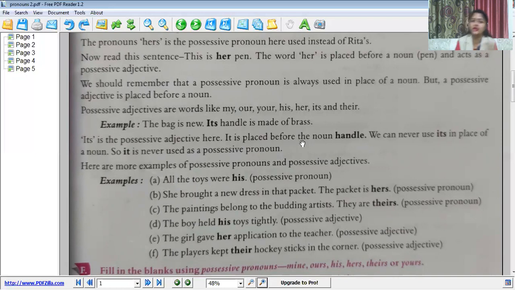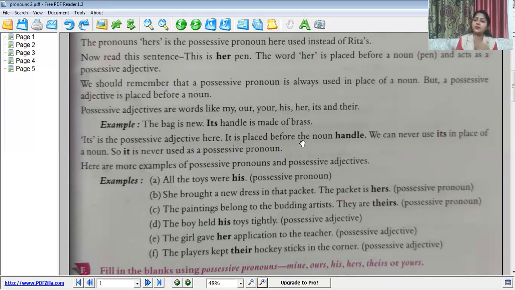So you understood the difference between a possessive pronoun and a possessive adjective. When you talk about possessive adjectives, the noun is right beside the possession, whatever is being talked about, his, her, and so on, and just following that is a noun. Whereas a pronoun does the work of replacing the noun.